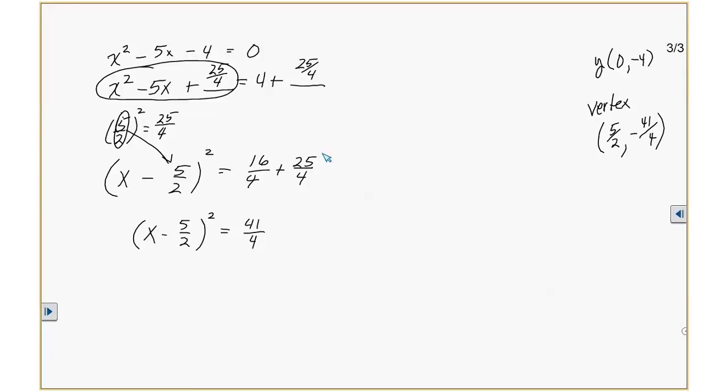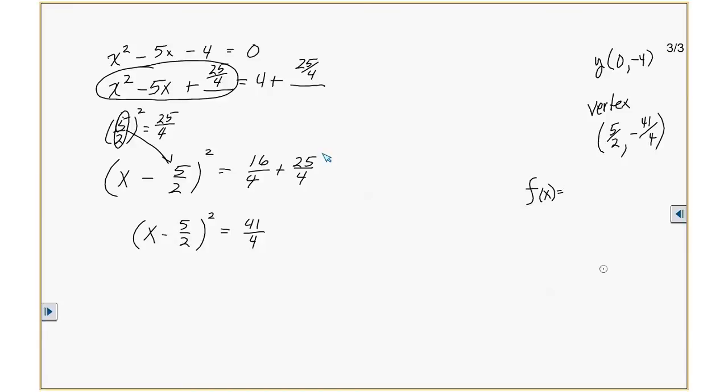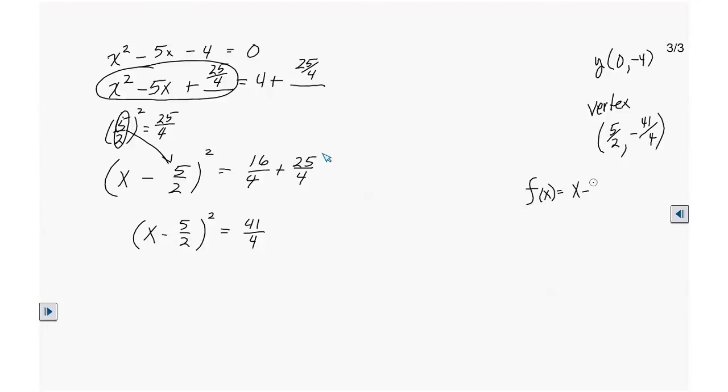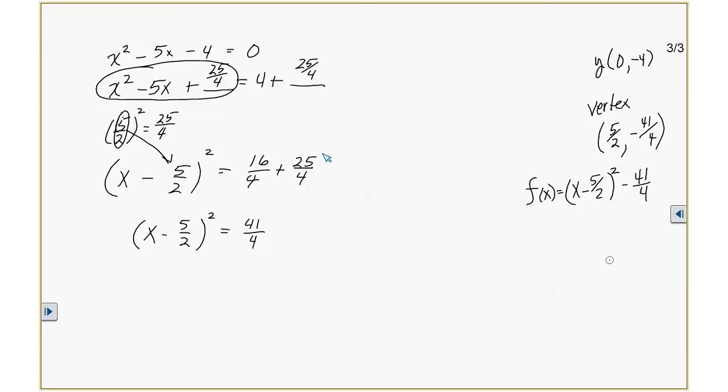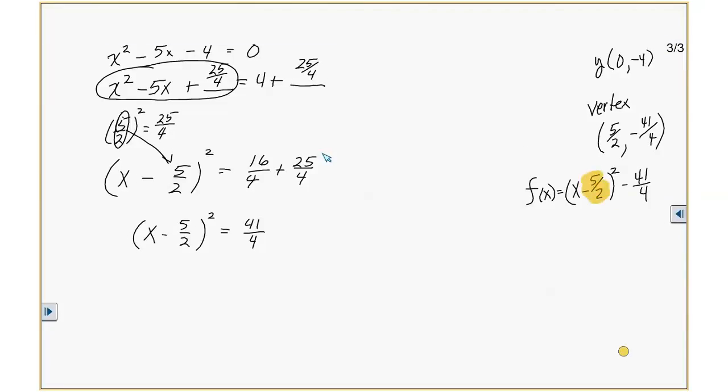Well, remember in the last unit, this right here, that's the vertex form: f of x is equal to x minus 5 halves, squared, minus 41 over 4. So what is this? From unit 1, the horizontal shift. What is this?